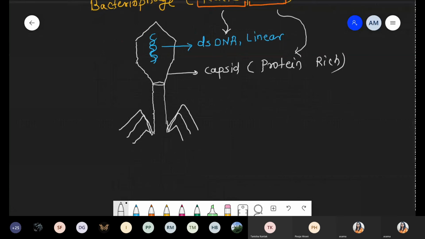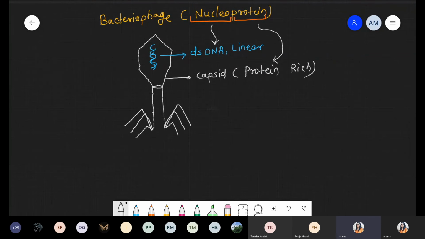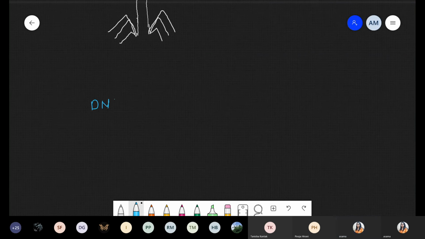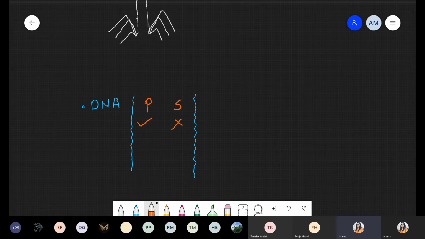Now, before starting the experiment, I just want to tell you one thing. When we are using the word DNA, deoxyribose nucleic acid, inside this DNA, phosphate is present, but sulfur is absent. So phosphate and sulfur: phosphate molecule is present, but that sulfur molecule is totally absent.